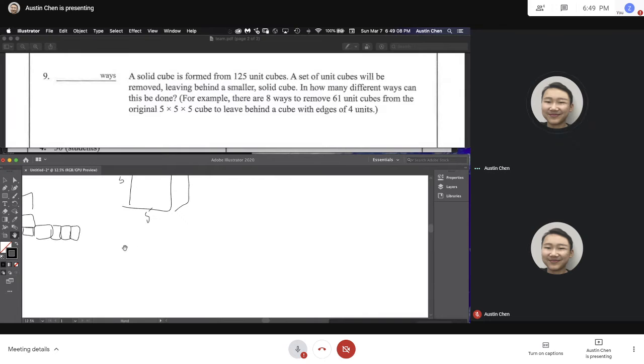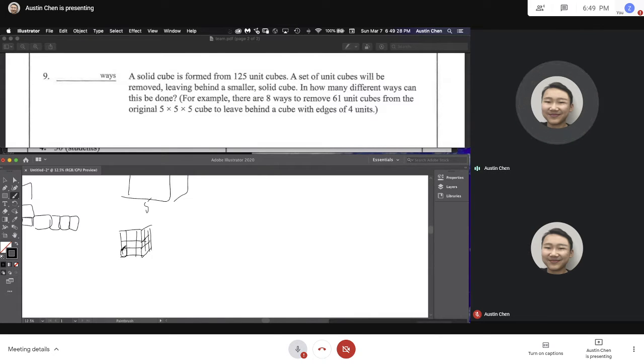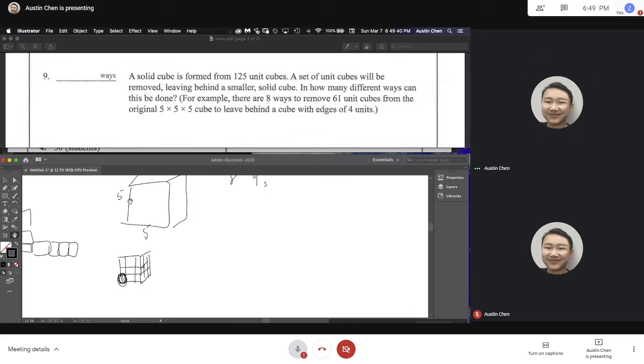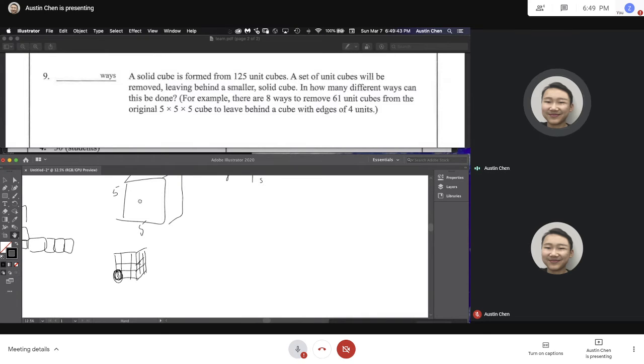So we're dealing with the 3 by 3 by 3 case. Imagine a 3 by 3 by 3 cube inside of your head. So it looks like this, right? Now think of where this cube at the bottom left here, think of where this unit cube can be placed in our larger 5 by 5 by 5 cube.